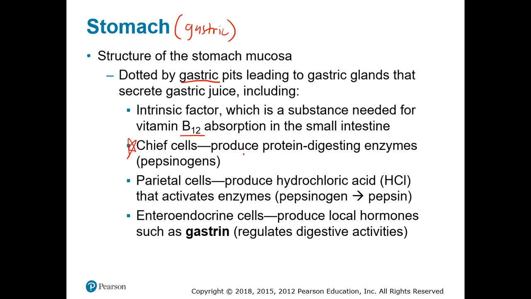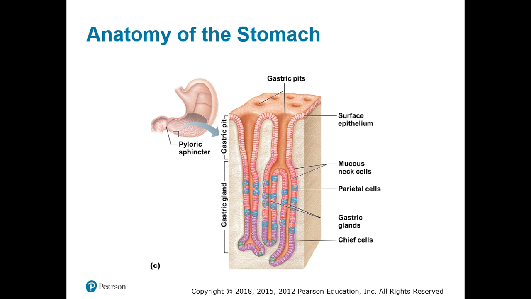These produce a digestive enzyme for proteins called pepsinogen. Parietal cells. These actually produce the acid in your stomach. And acid is important because it activates enzymes released by chief cells. So it turns pepsinogen into pepsin. And then you have your enteroendocrine cells, and these produce gastrin. And gastrin is a hormone that helps regulate digestive activities.